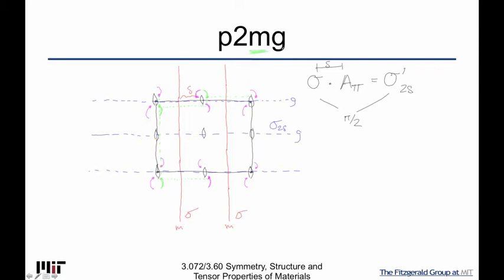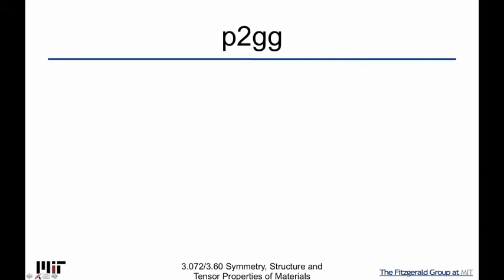So now let's do the opposite. Let's add the G and see what we get. P2GG is what we're going to get. And so the way to think about that one is that we're going to use the second criterion, right?